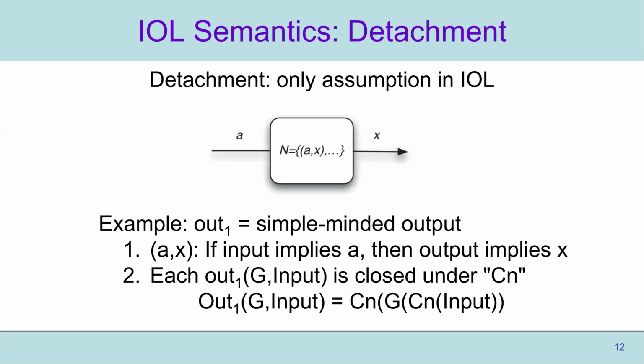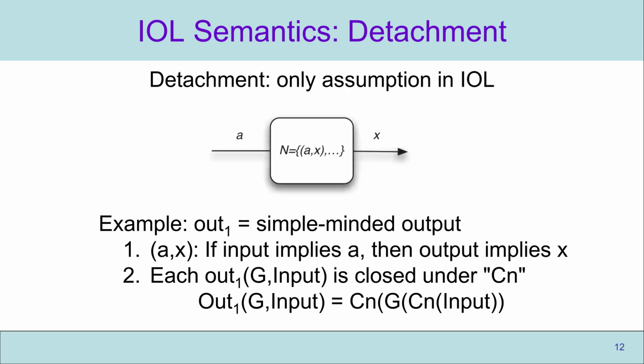We simply say, okay, G gives the relation between A and X, and we use the classical consequence operator on A, and we use the classical consequence operator on X, and that will be our output operation. So the output of some input given the set of conditionals, we simply take the closure on the input side, then we take the image under G, and then we take the closure on the output side. That's super simple. The simplest thing one could imagine.